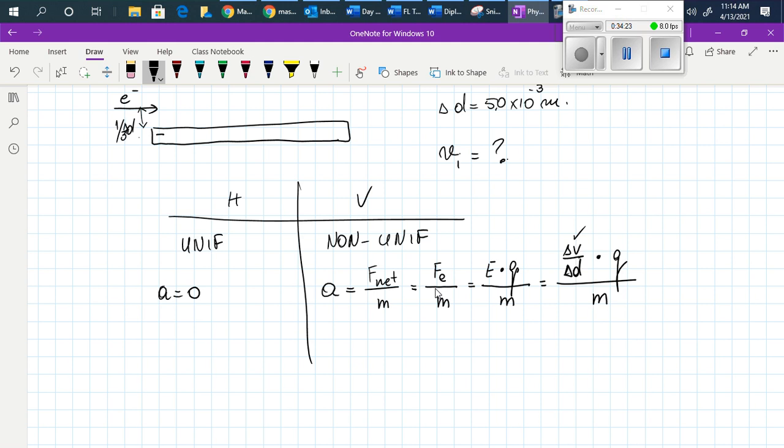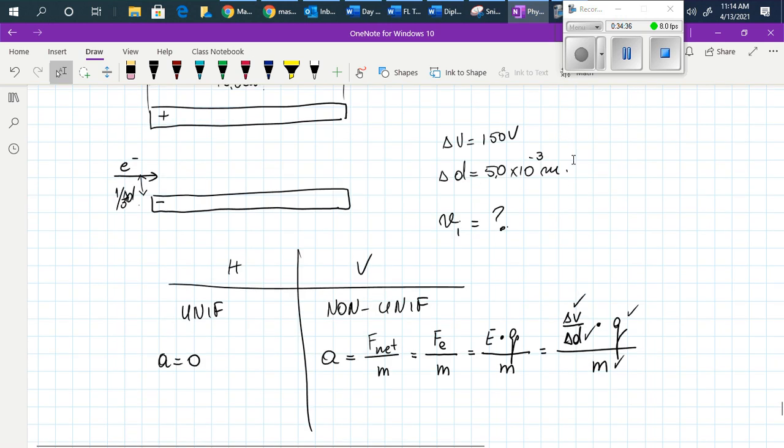Yes, we do know what delta V is. We do know what delta d is. And being an electron, we do know what the charge and mass of the electron is. Go ahead and enter those values: 150, 5.0 times 10 to the -3, and Q and m for the electron, and figure out what the acceleration is.